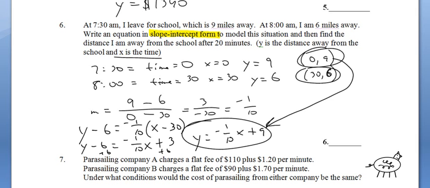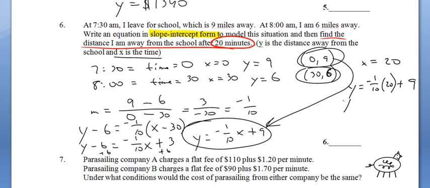And then my question asks to find the distance I am away from the school after 20 minutes. So now you're going to set x equal to 20 and just solve. So y equals negative 1/10 times 20 plus 9.